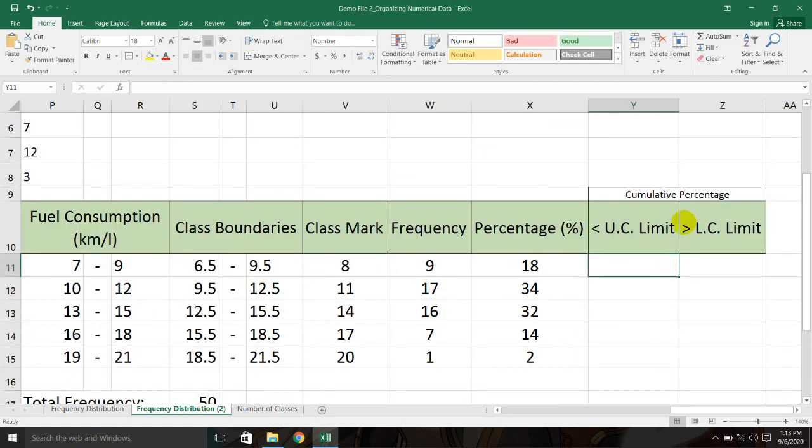How about the cumulative percentage? To get the cumulative percentage, all we need to do is identify the first value here, which is 18. We started with 18 because I'm referring to the less than upper class limit cumulative percentage. Now, maybe you're wondering why I put in a formula here if I can just type 18.